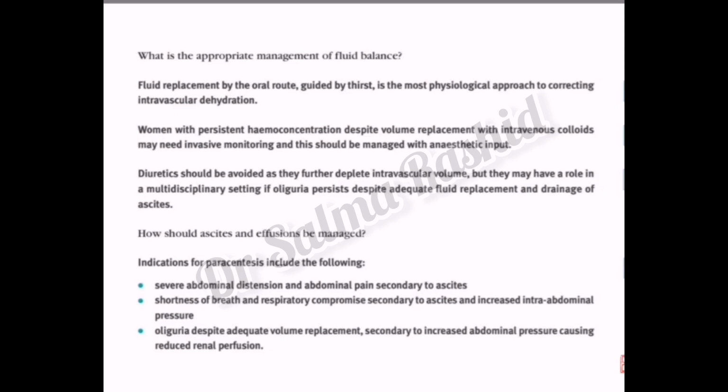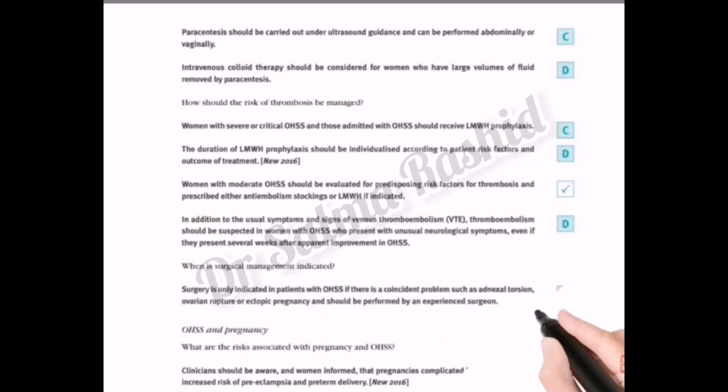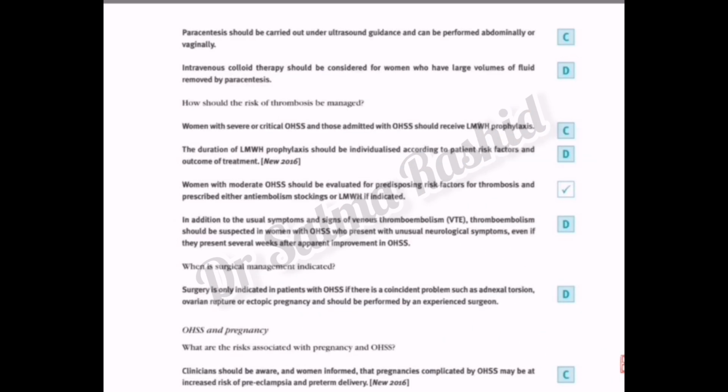Oliguria despite adequate volume replacement secondary to increased abdominal pressure causing reduced renal perfusion. Now, paracentesis should be carried out under ultrasound guidance and can be performed abdominally or vaginally. Intravenous colloid therapy should be considered for women who have large volume of fluid removed by paracentesis.